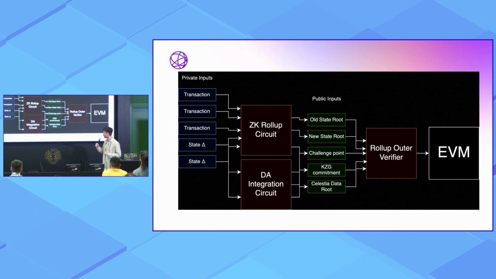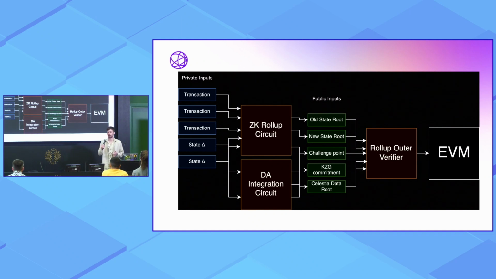So we keep the ZK rollup circuit the way it is, and we build a new circuit for the integration. And this circuit is pretty simple. All it does is take the pub data from the rollup, add the Celestia data root as a public input, and prove that that blob is included in the data root and that it has the same commitment that the ZK rollup was already working with before.